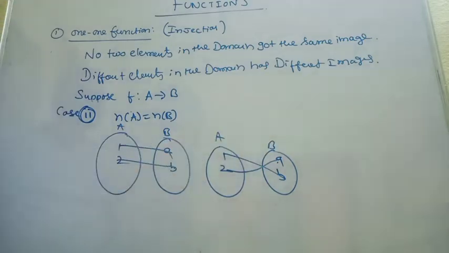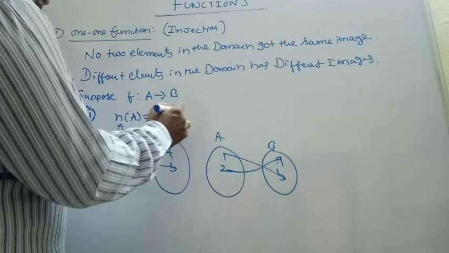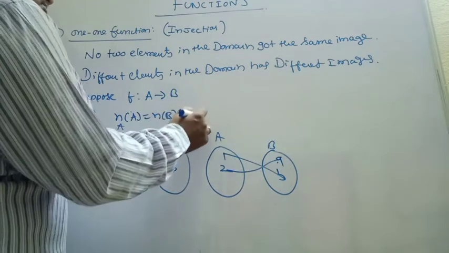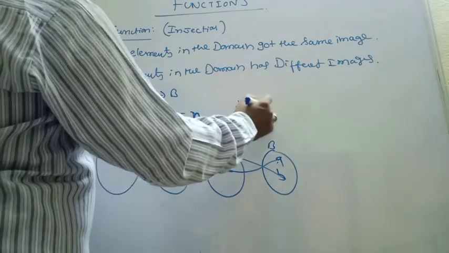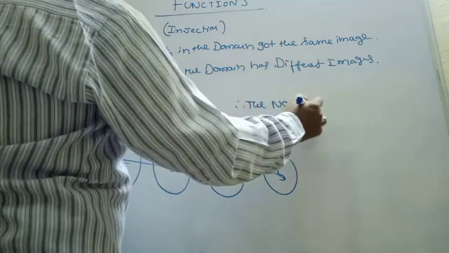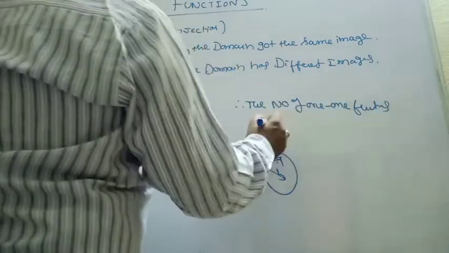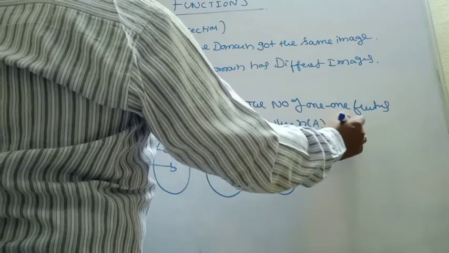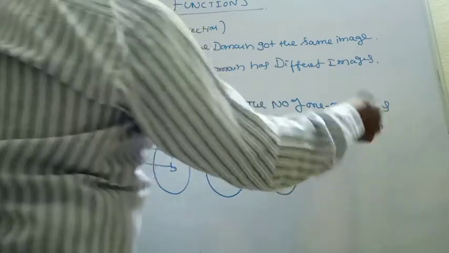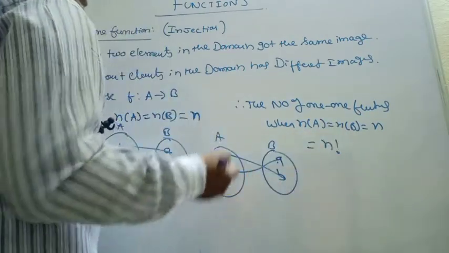What is the generalized formula for this? When n(A) equals n(B), suppose you take it as some n, then the number of 1-1 functions is equal to n factorial.